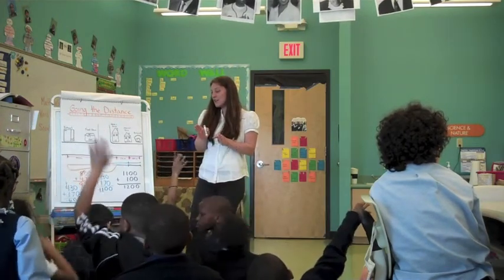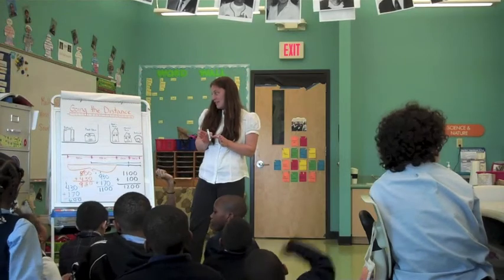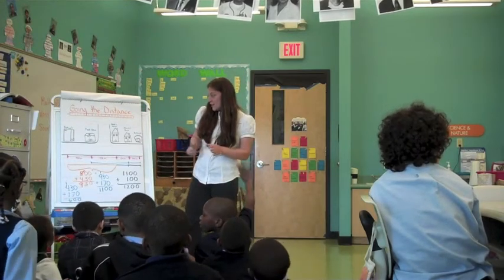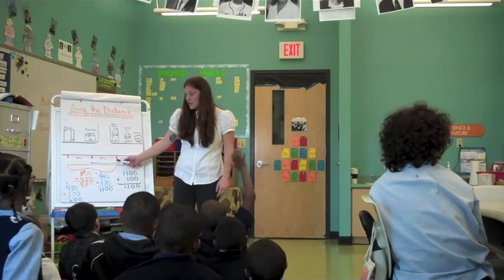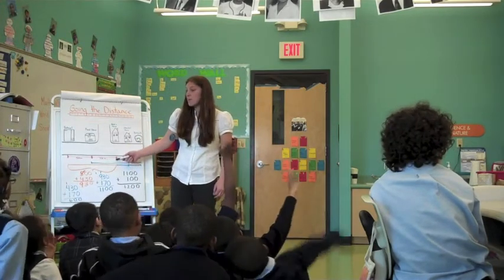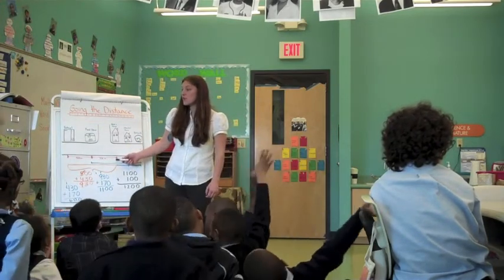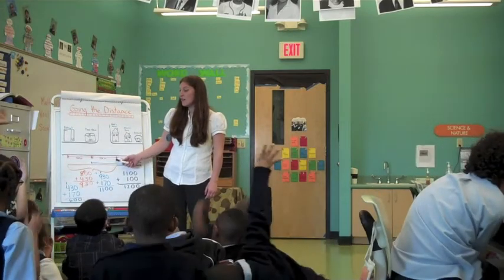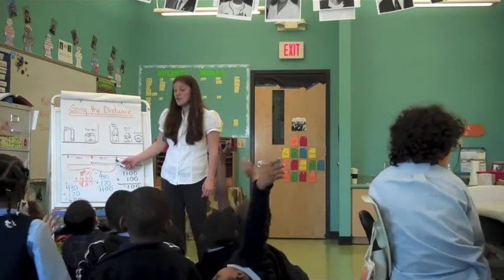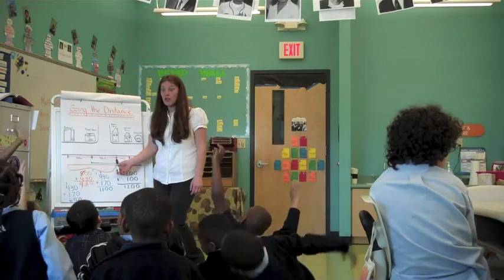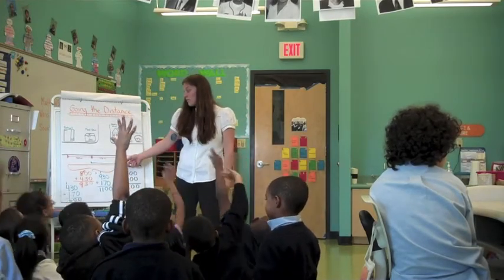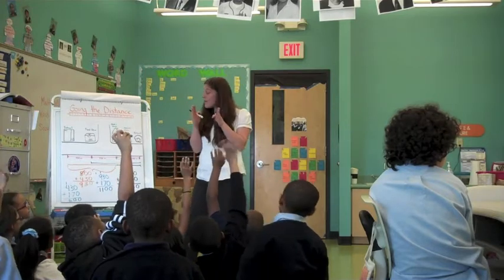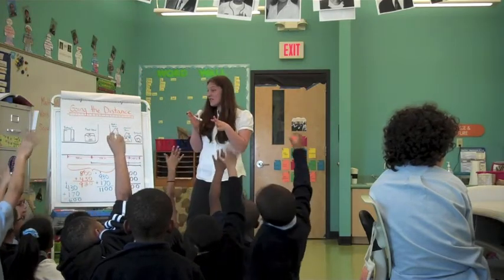Hunter, you got it now? From the food store to Alex's house is 430. What number is bigger, 430 or 270? 270 is bigger than 430? 430 is bigger. So I only traveled 270 meters.